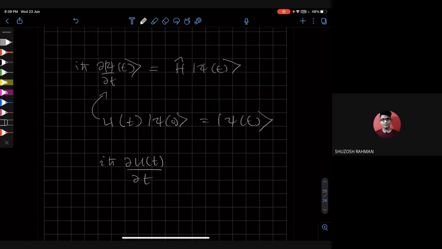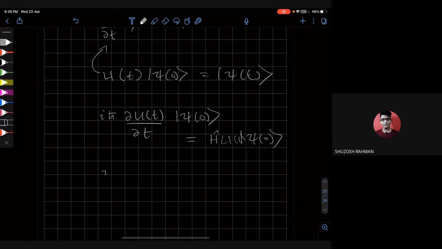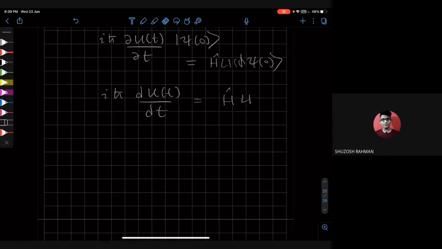The idea is to turn this into an operator equation, because you're assuming it's valid for all states, and psi of 0 is some arbitrary state. So this is the operator equation.